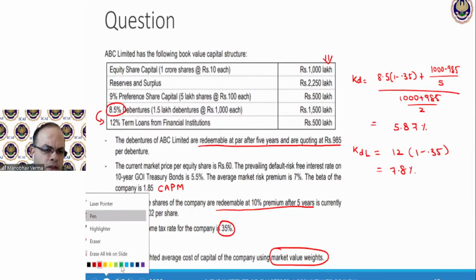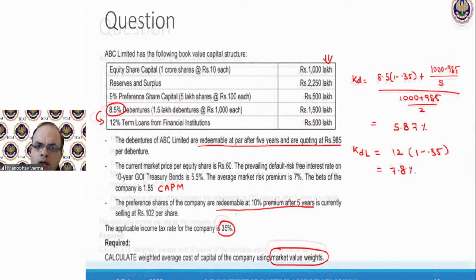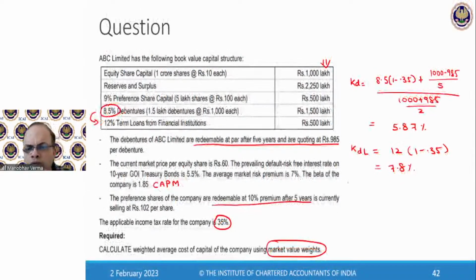Apart from this, you also need to calculate cost of preference. Pretty similar. So we have 9 plus 102 minus 100, or we do something else.